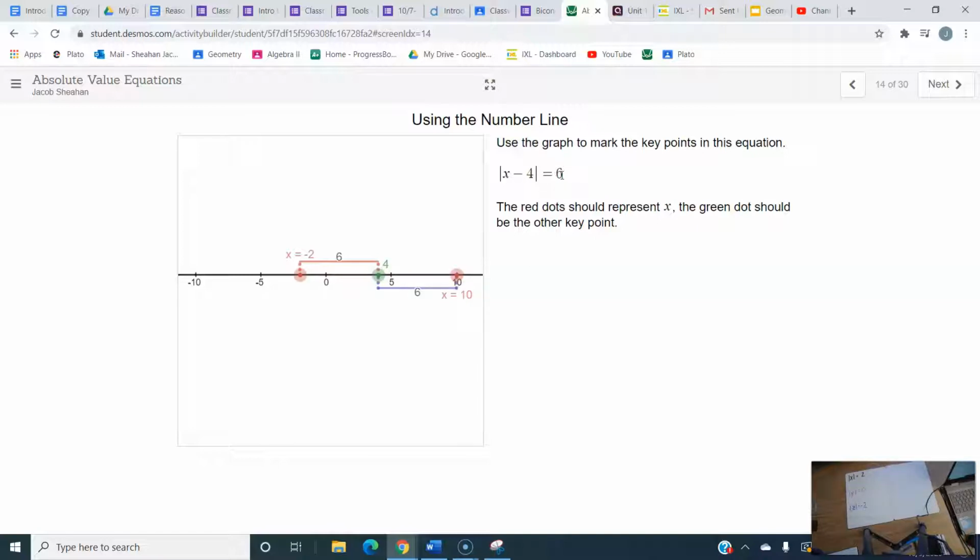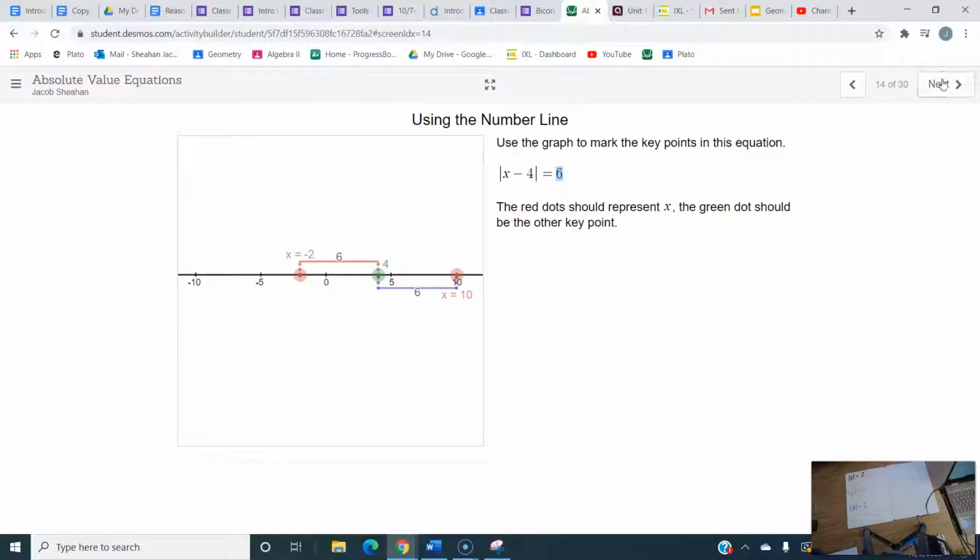This number should never be negative when it comes out. We do not report distance as a negative number. You may have heard me say this before, but you would never tell somebody that we need to go to the gas station, it's negative 2 miles that way. It just doesn't make any sense, okay?